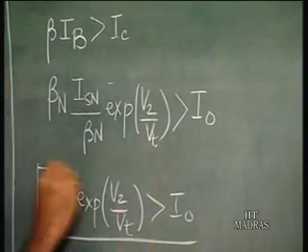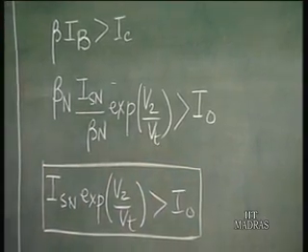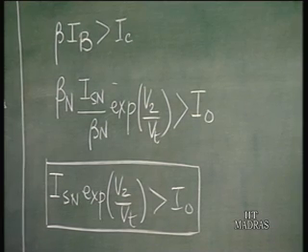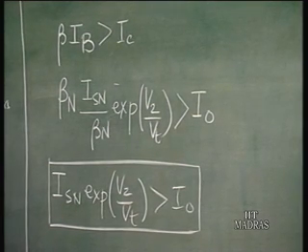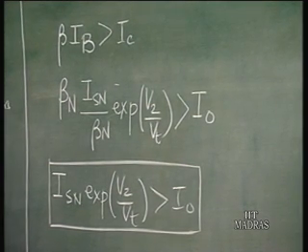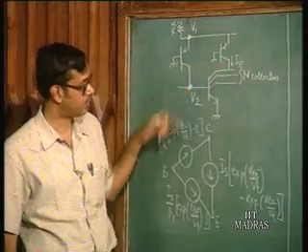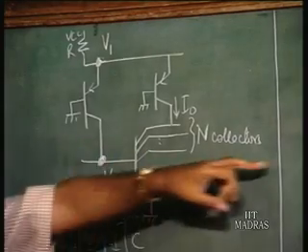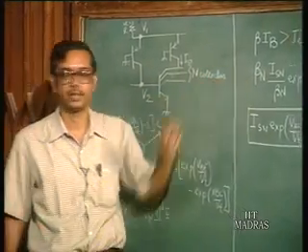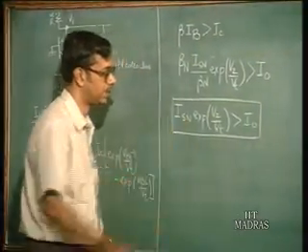So this condition must be satisfied. Of course, if you have n transistors, the total collector current is going to be n times this, and the total base current is n times, so it is given by this expression.